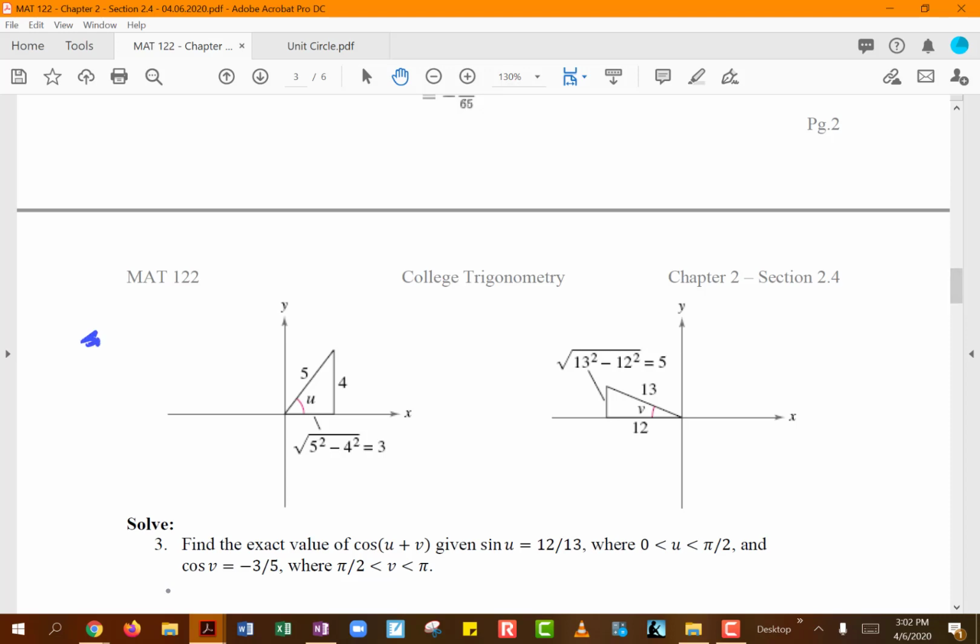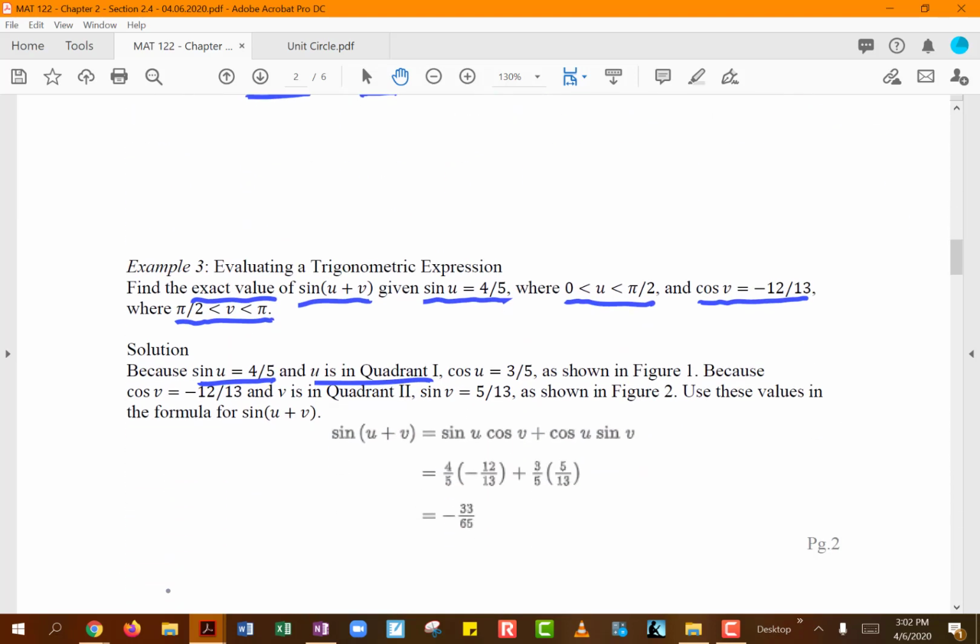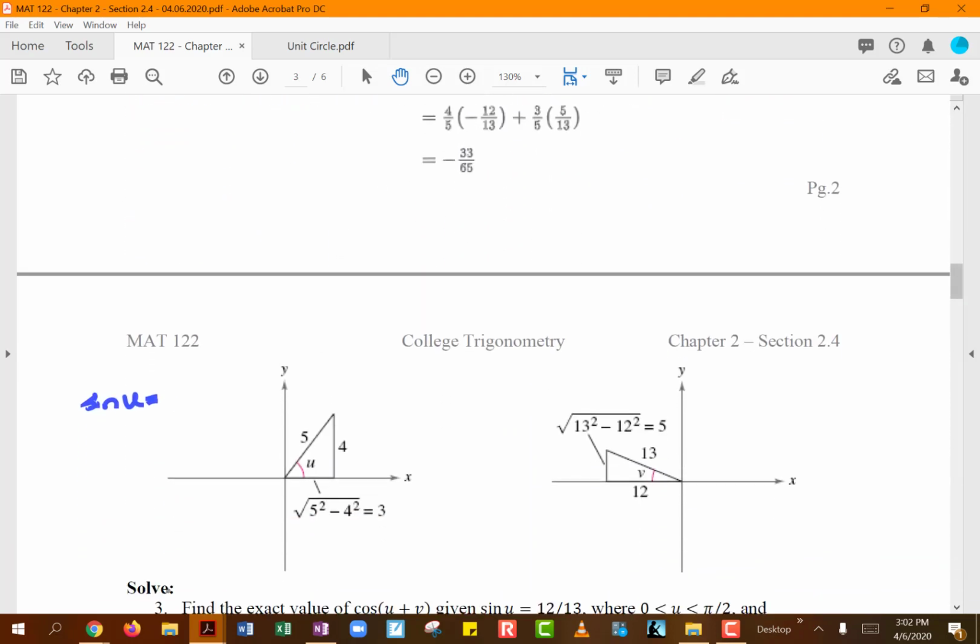If they are telling us sine of u equals 4/5, then sine is opposite over hypotenuse. So that's where the 4/5 is coming from. And then using the Pythagorean theorem, you can calculate the missing side, which of course comes out to be 3.